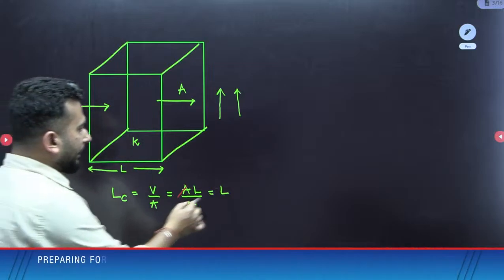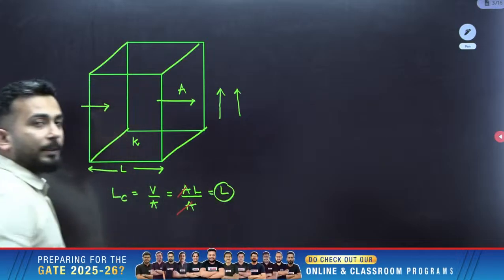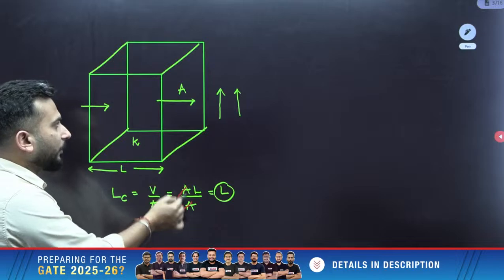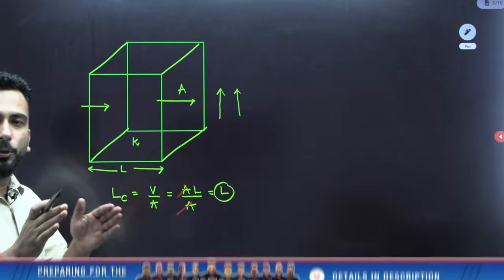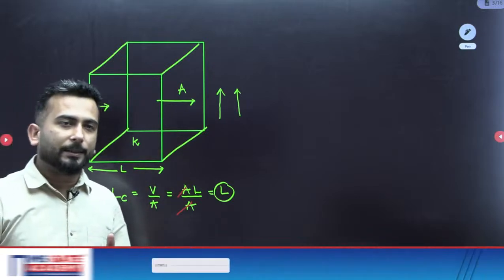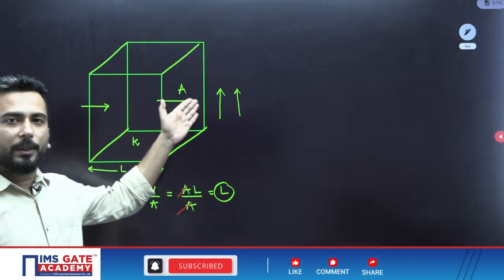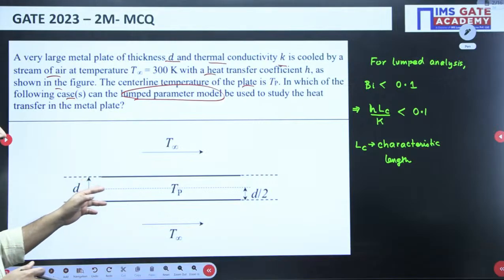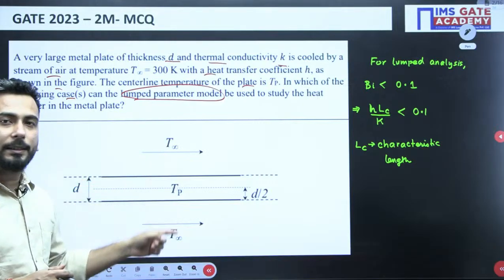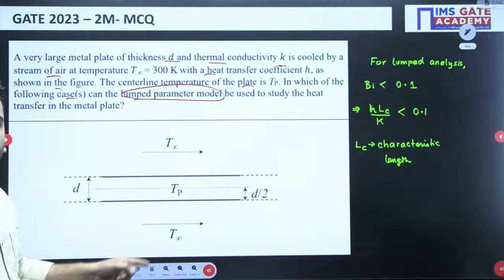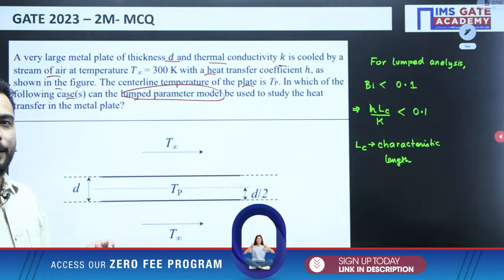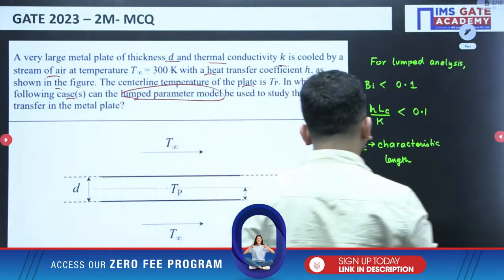So this is the Lc and this is how we get L. But we should always keep in mind that we should see where the convection is taking place. On this side only one face convection is taking place, but in the question that is given to us, clearly convection is taking place on both sides, and that is why we need to use 2A in the formula.